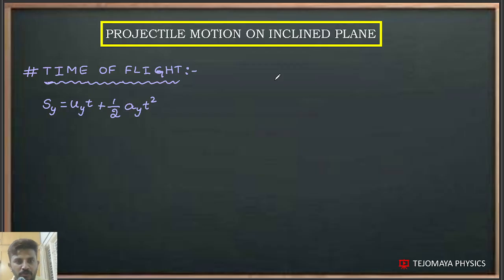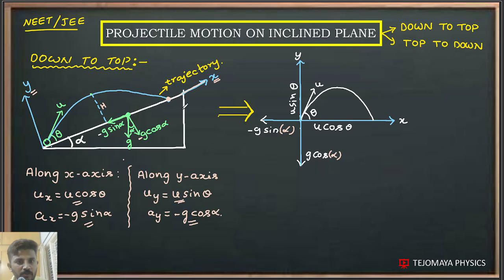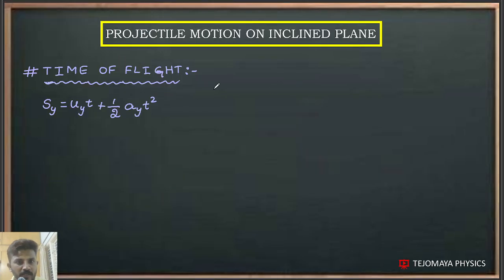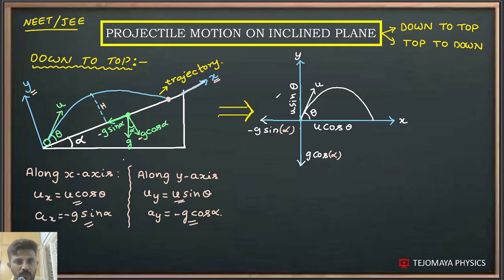For that, I'm going to use the kinematic equation of motion, S equals ut plus half at square, along the y-axis. For the complete projectile motion, if you take from the start to the end, what is the displacement along the y-axis?